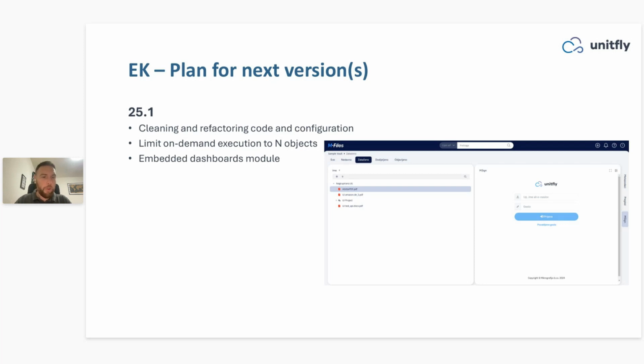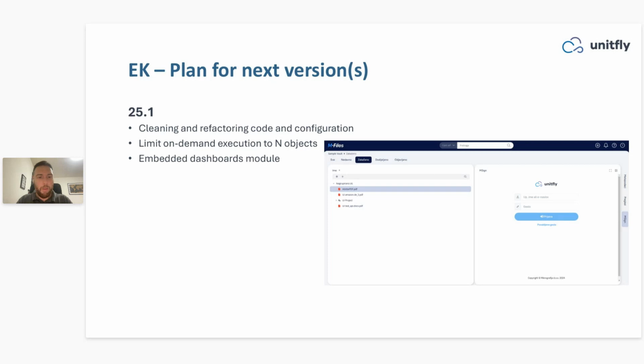And we have one new feature that is limiting on-demand execution to n objects. That means, for example, because of certain performance or security or some other reason, you would like to get all the files, but only execute 100 by 100 or 10 by 10, or send 100 emails, and then after 15 minutes another 100 emails, until you send all the 1000 emails, or you would like to send 1000 objects to the SQL, and then after 30 minutes another 1000, and so on.